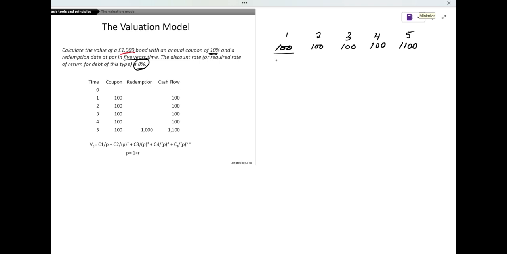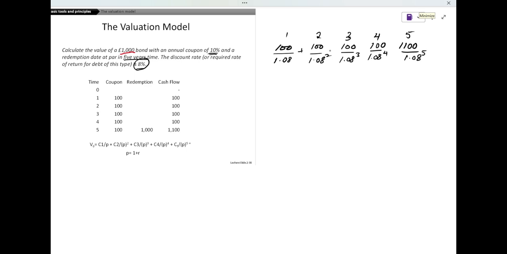So what I can do is 1.08 raised to the power 1, 1.08 raised to the power 2, 1.08 raised to the power 3, 1.08 raised to the power 4, and 1.08 raised to the power 5.